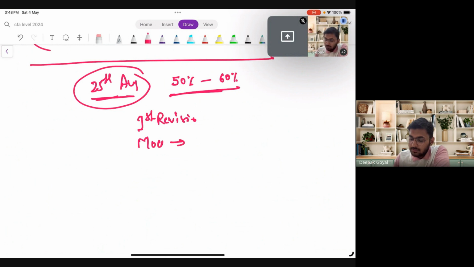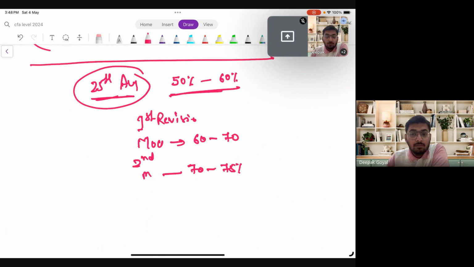So in mock 1, you will see that you will be ranging between 60 to 70. Second revision, and then mock 2, this time 70 to 75. Going beyond 75 is very difficult. Remember that. Okay. But still, we'll aim in the third revision to focus on all our weak areas, and in the third mock, we will reach between 75 to 85%.